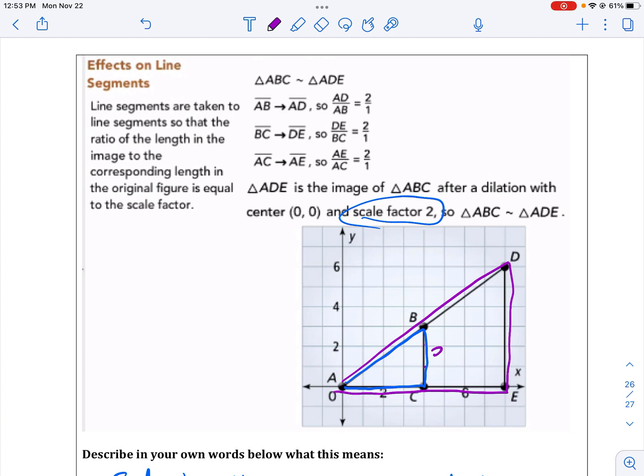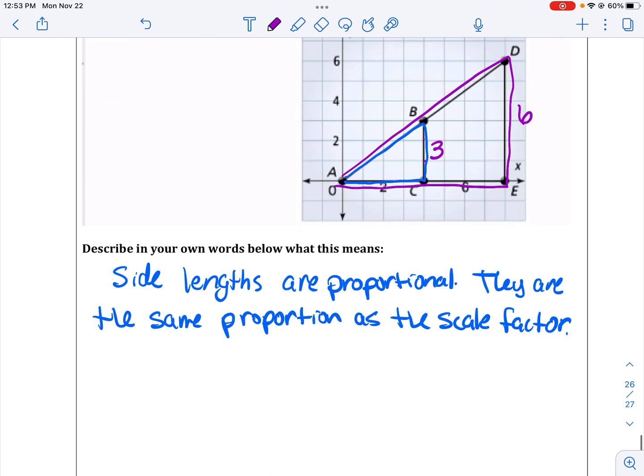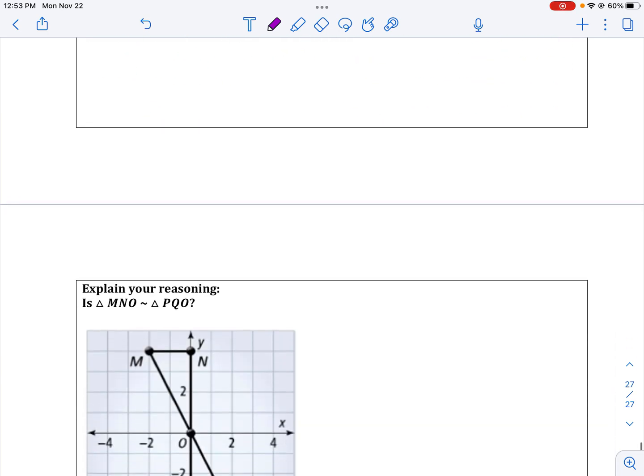So I have a side length of 3 here for BC, and then a side length of 6 here for DE. Image over original equals 2 over 1, or just 2. So the scale factor is also the proportion in which the sides should be labeled. So the side lengths are proportional. They are the same proportion as the scale factors.